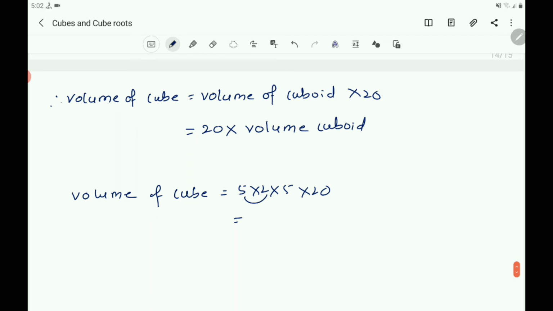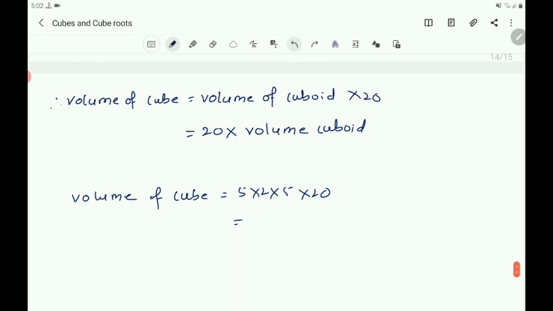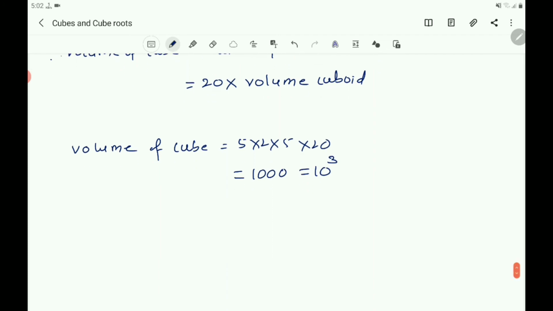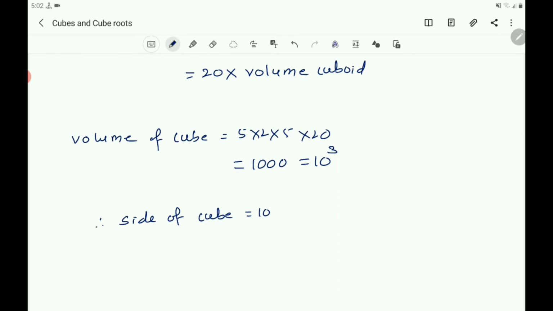Then you will get 5 2s are 10, 10 5s are 50, 50 20s are 1000. 1000. That is a cube of 10. So the side of the cube becomes 10 centimeter.